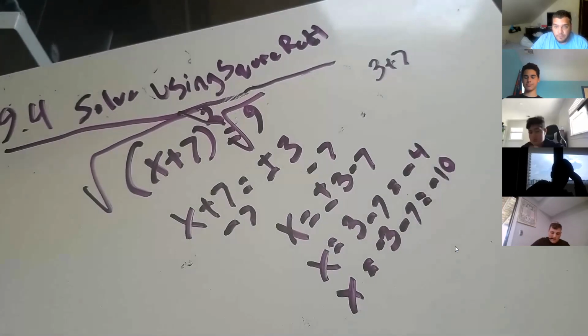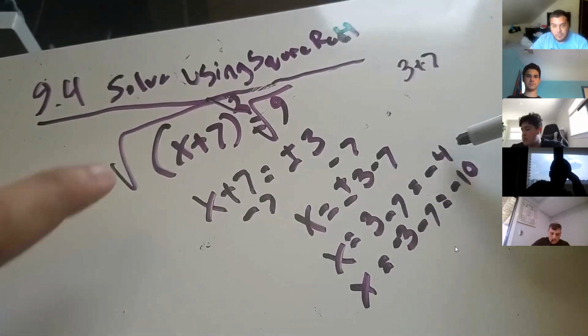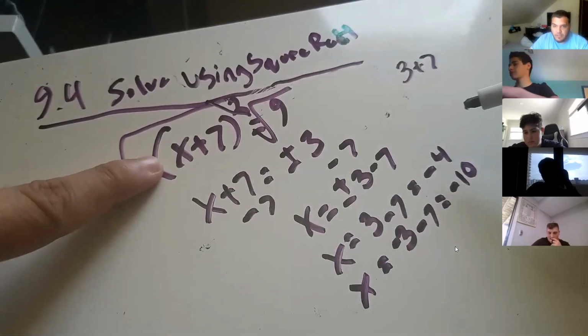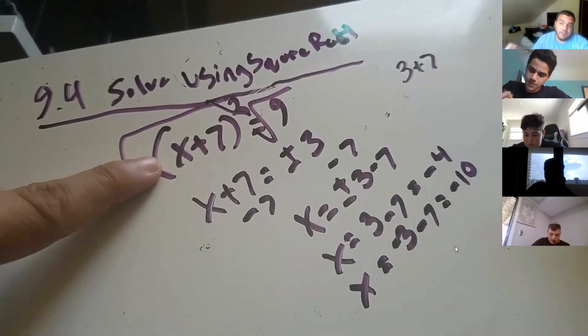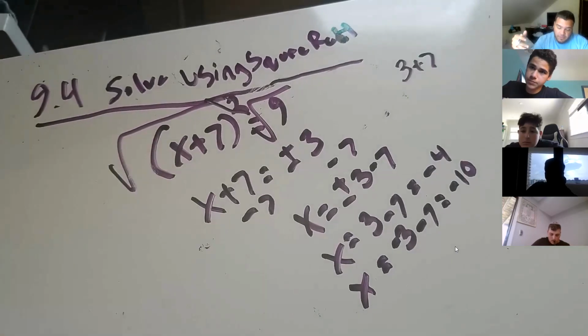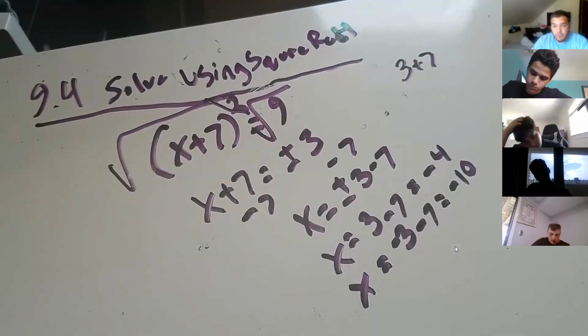So what does that mean? That if I plug a negative 4 into the original equation, which was (x plus 7) squared equals 9, or I plug in a negative 10, I would get the right answer both ways. So what's new about today and this section is that a whole set of parentheses can be square rooted.